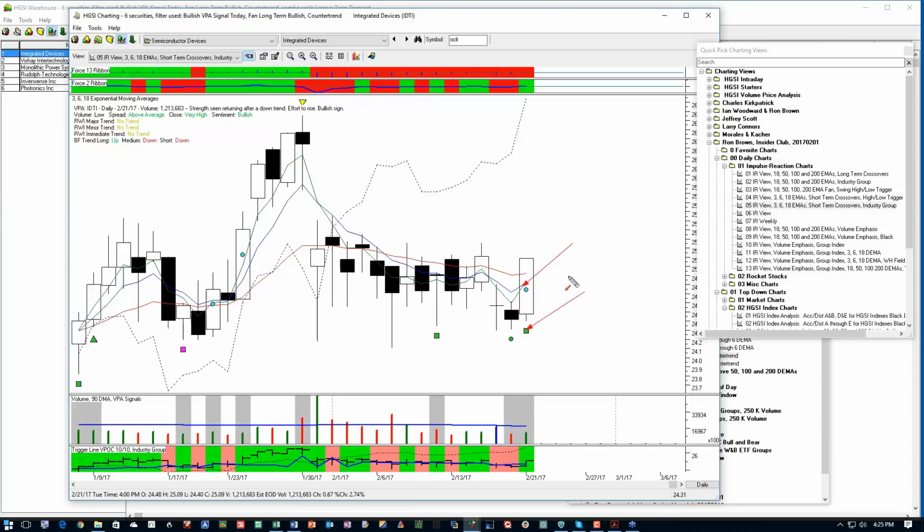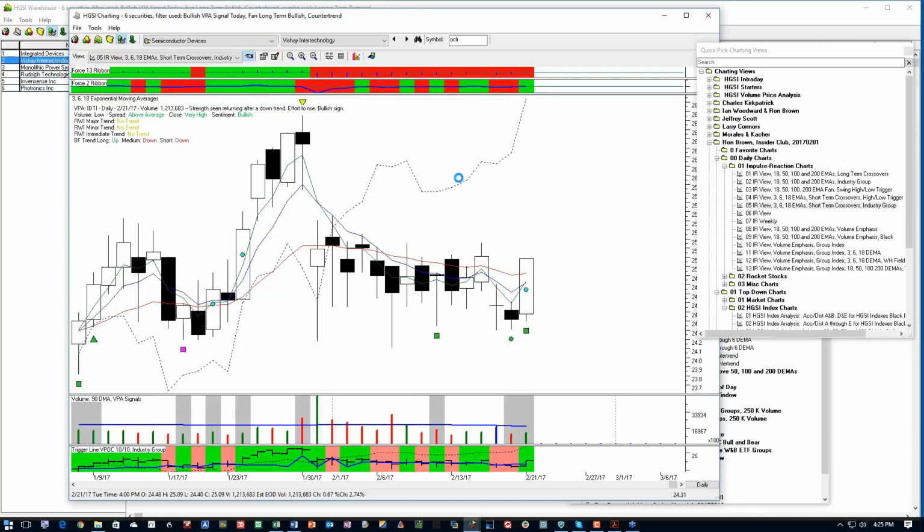We had strength seen returning and an effort to rise today. If it can break past this resistance area here, because the group is so strong, it has a chance to go. We also have a positive volume point of control today. You know, this is a loose, sloppy chart, which I don't like about it, but it met all the criteria of the screen. Let's look at this one.